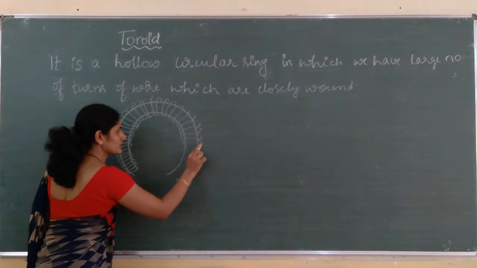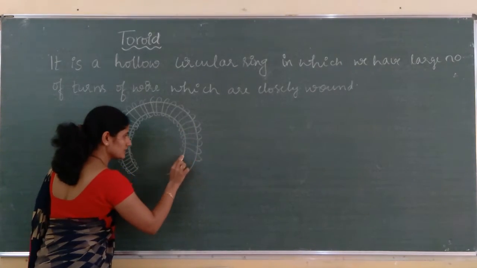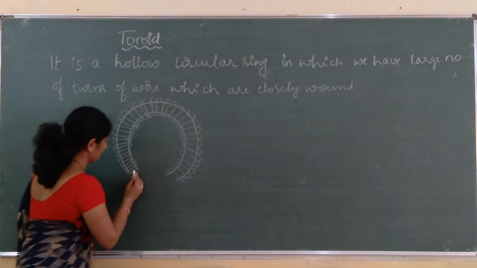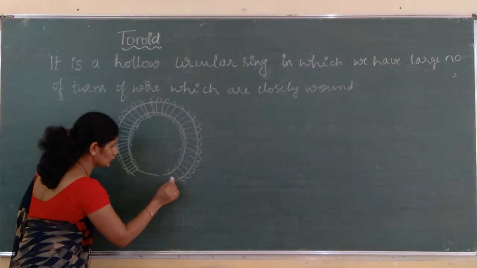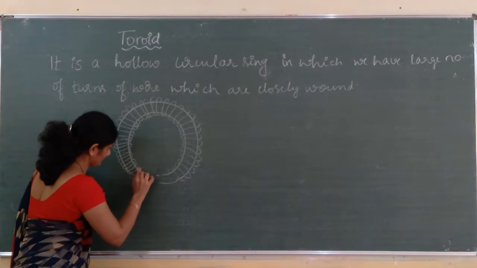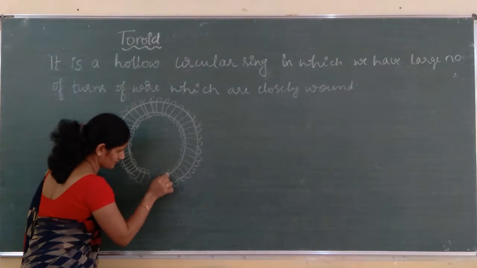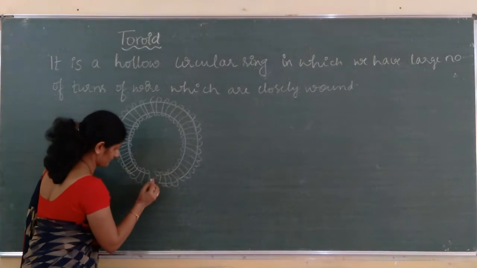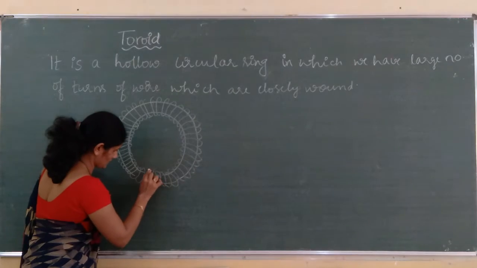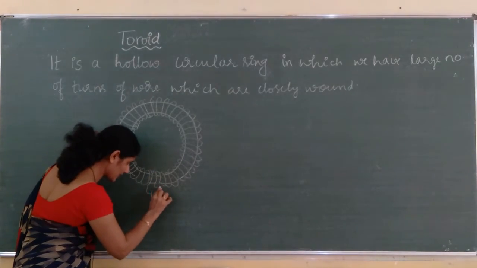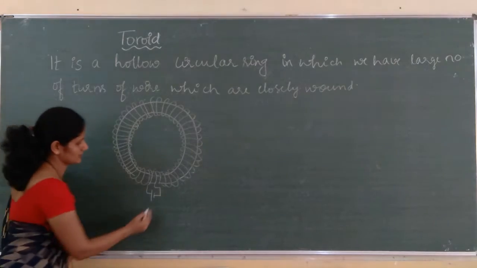So, wire is wound like this, and the two free ends. So, this is a toroid, and the two free ends are connected to the external circuit.